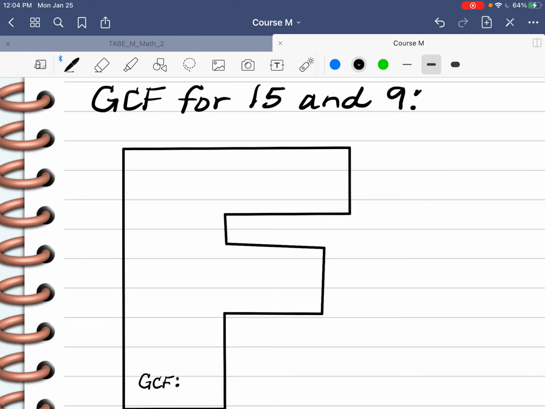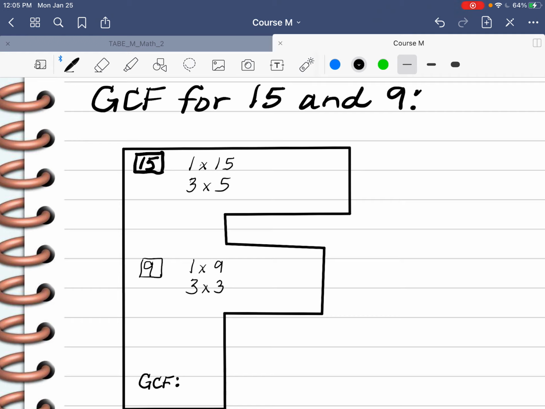So I'm going to put the 15 up here. And I like to put a box around my composite. You don't have to, but so we have 1 times 15 and 3 times 5. And that's all for that one. Then let's put the 9. So we have 1 times 9 and 3 times 3.